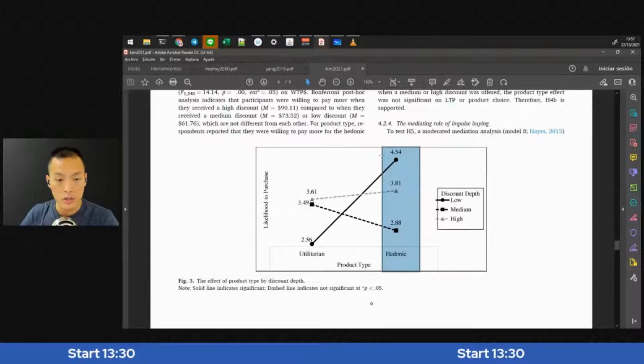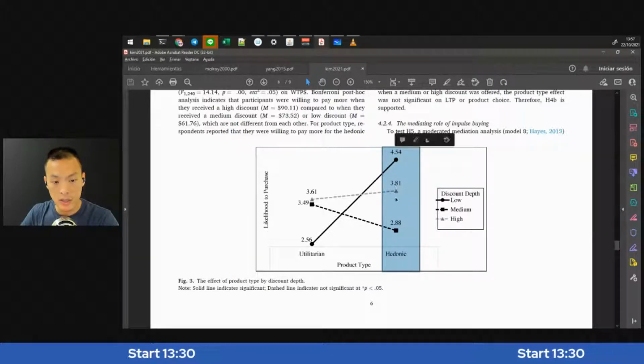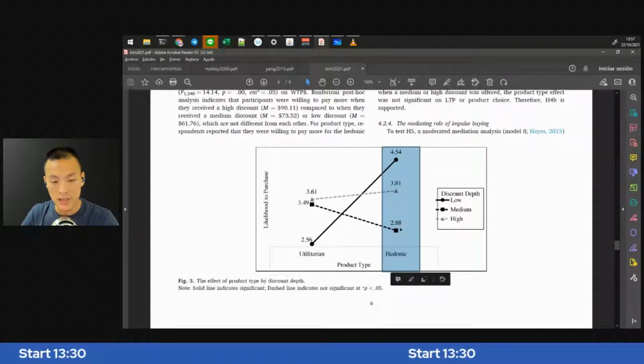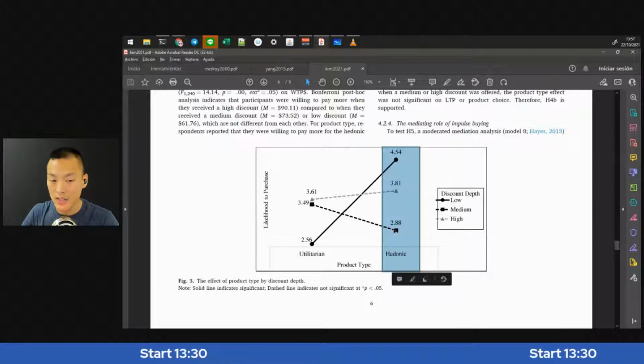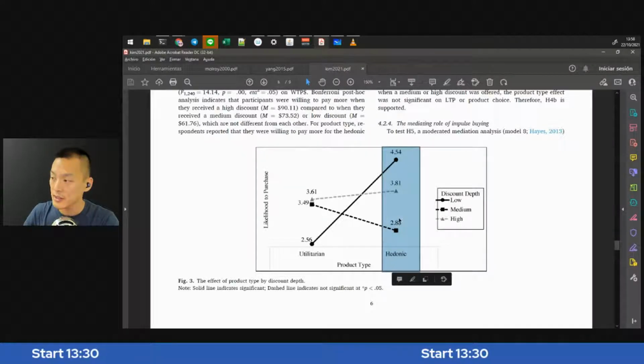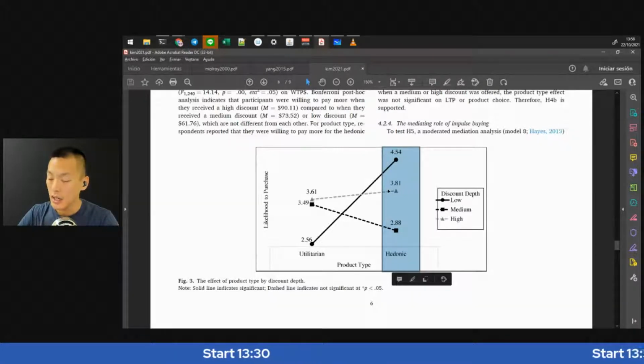So you go from low discount up here, and then you have high discount in the middle, and then you have medium discount down here. And it turns out that if you give a small discount, you get a boost in the likelihood to purchase. But if you give too high of a discount, people actually purchase less. And the paper goes into why they think that is the case.